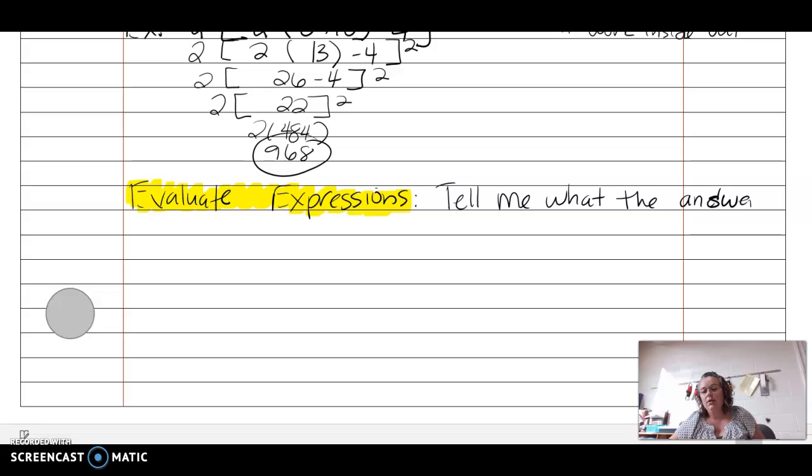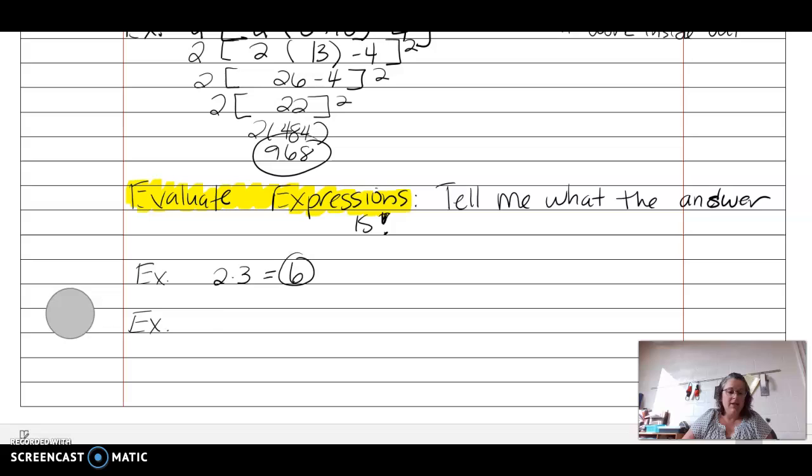For example, evaluate 2 plus 3. Well, 2 plus 3 is 5. You're giving me that answer. Example, like 2 times 3 is an expression. You're just going to simplify that. 2 times 3 is 6.